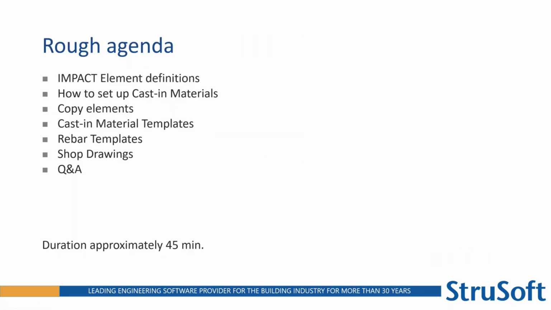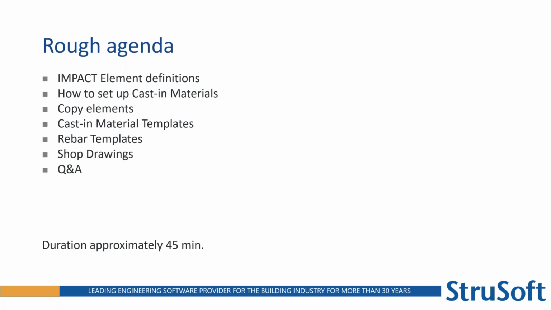We have a rough agenda of the topics we will go through. We will start with a little bit of the definitions of all the element types that we have available. Many of them are similar, so I will go into specific details on some of them to just show the differences.